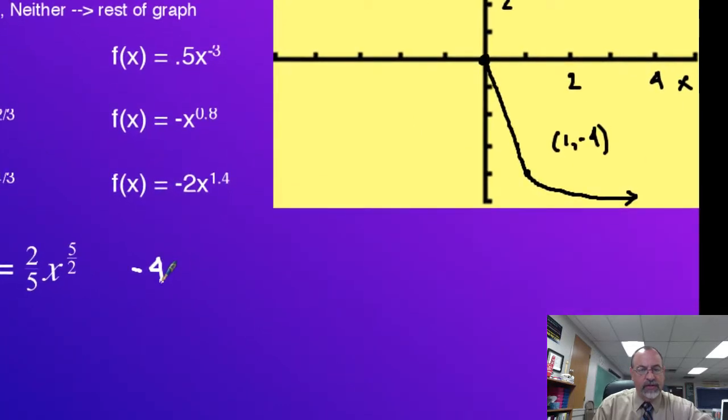Whenever you have a fractional exponent, you want to turn it into its root form. So the index is the denominator, so this is the cube root of x, and then this is going to be squared. So now I need to substitute in negative x and then simplify it and see what I end up with. So this is going to be the cube root of negative x, squared.